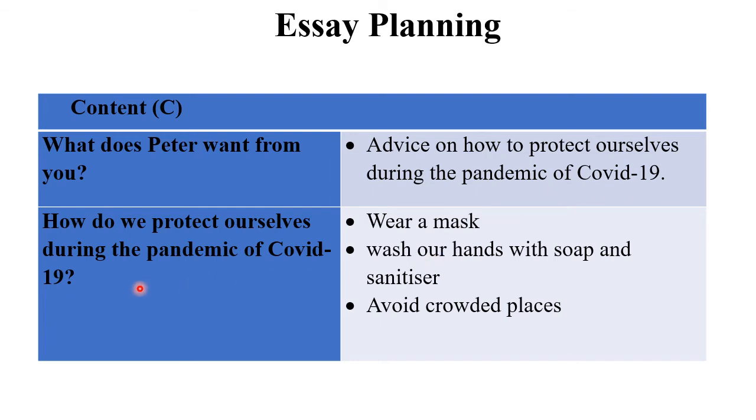The second question that you should ask yourself, how do we protect ourselves during the pandemic of COVID-19? Okay, the first one, wear a mask. Next, wash our hands with soap and sanitizer. And the last one, avoid crowded places. So, after you answer your own questions, make sure that you jot down your answers quickly on a piece of paper.